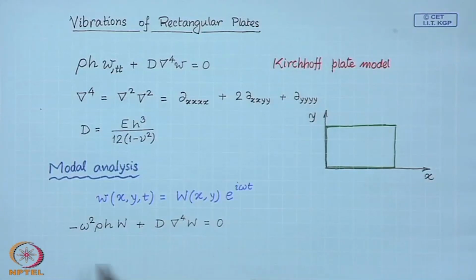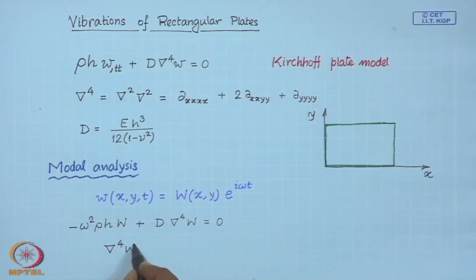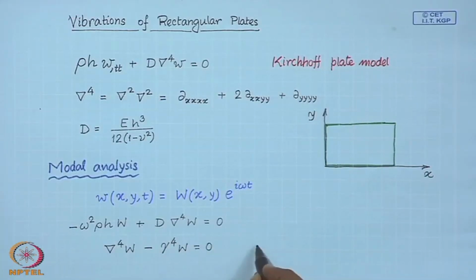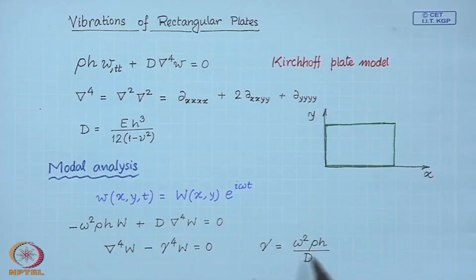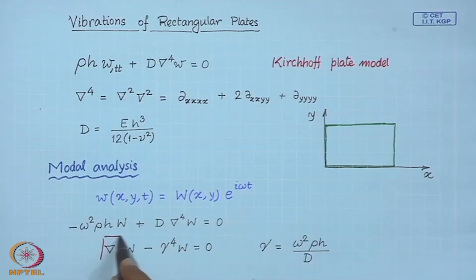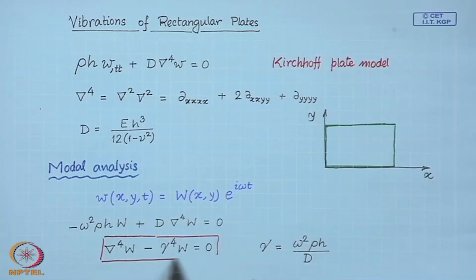and we will make a redefinition. So, we will rewrite this as, where we have defined this gamma as omega square rho times the thickness divided by this constant D. So, this is our differential equation of the eigenvalue problem.